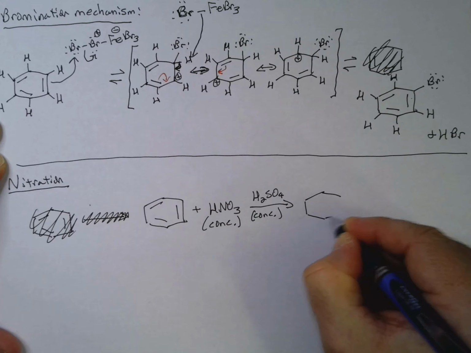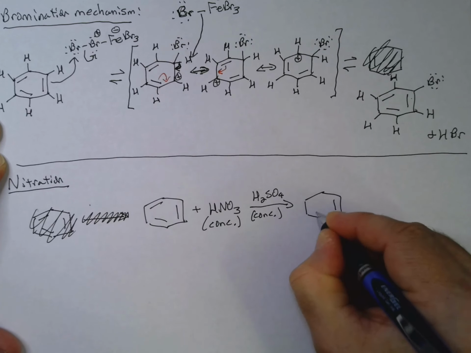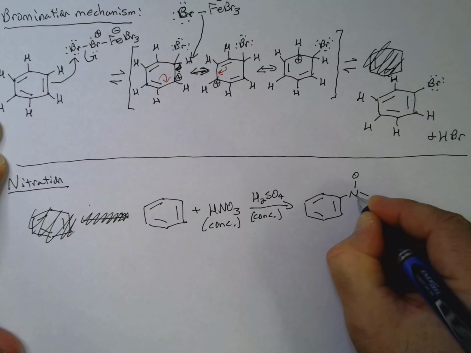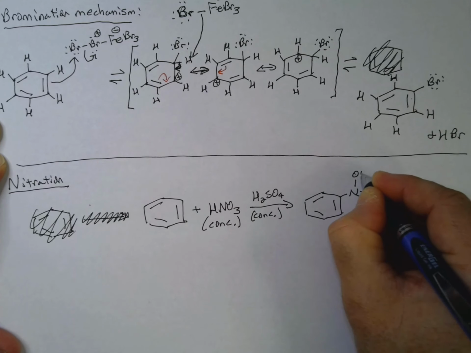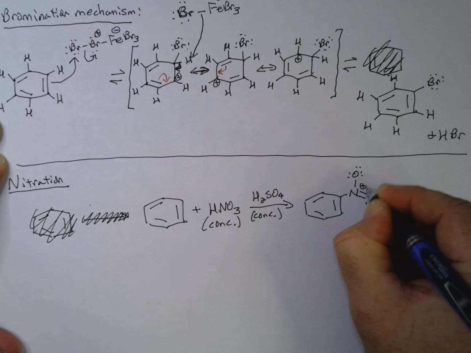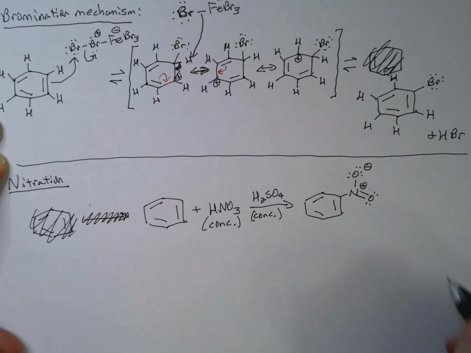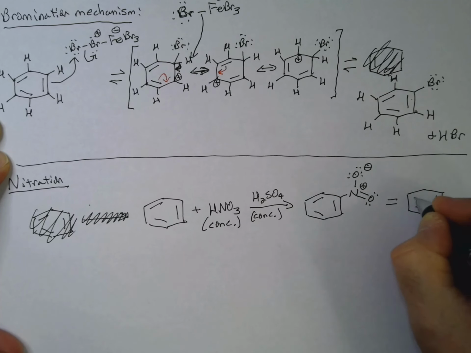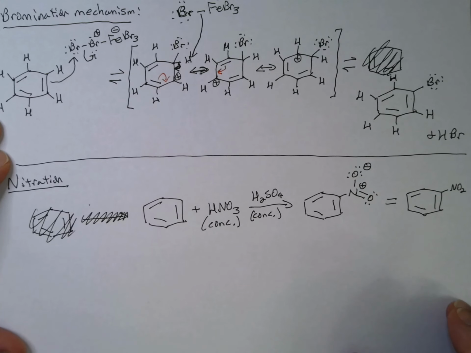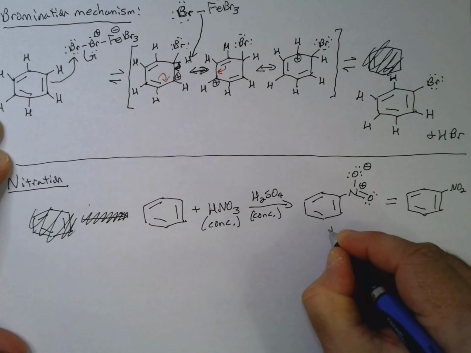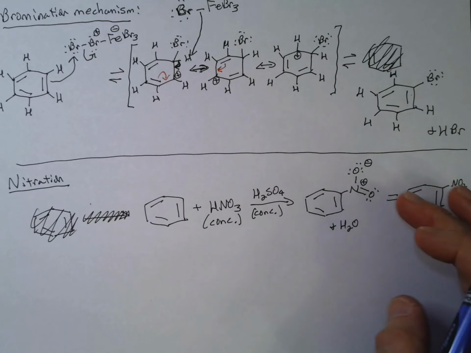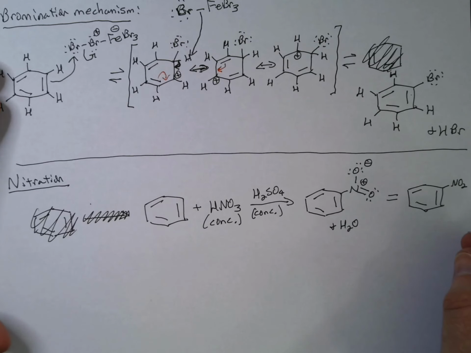And then we'll end up with our NO2. This is our nitrated species here. Plus, we should get water as our byproduct here. We don't really care about that. We're interested in the organic compound.